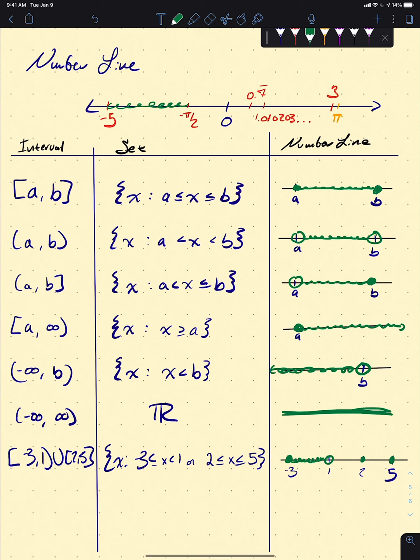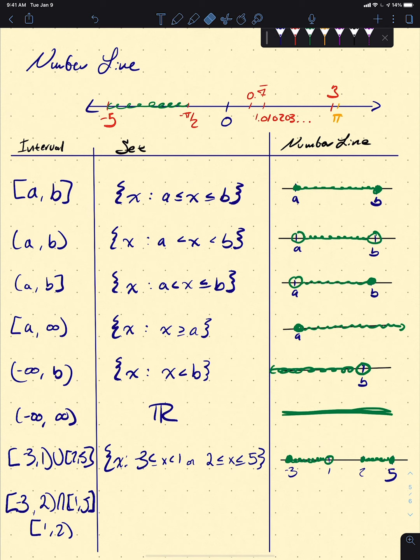For intersections, we can proceed similarly. We might talk about the intersection of -3 to 2, and 1 to 5. What I want you to observe is the only place where these two sets overlap is the set from 1 to 2.